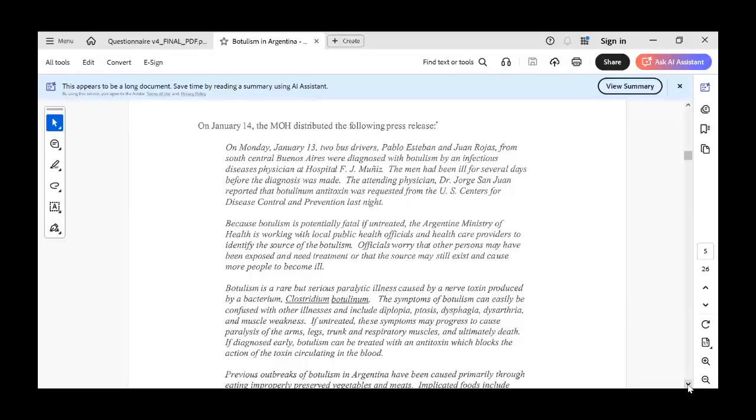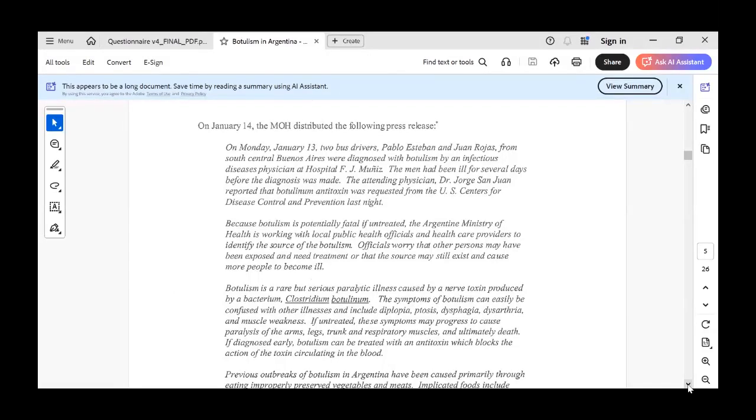Because botulism is potentially fatal if untreated, the Argentine Ministry of Health is working with local public health officials and healthcare providers to identify the source of the botulism. Officials worry that other persons may have been exposed and need treatment, or that the source may still exist and cause more people to become ill.